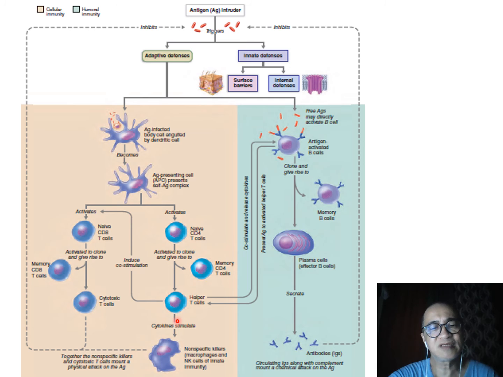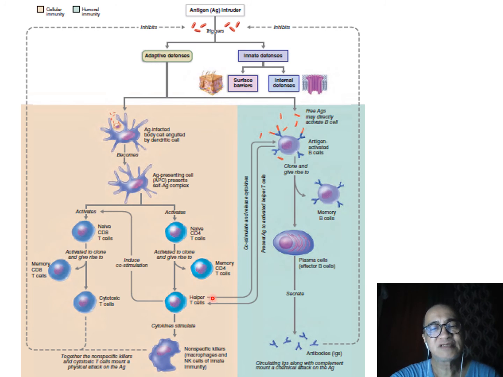Helper T cells can also send cytokines to nonspecific cells like natural killer cells or macrophages that participate in direct killing of the antigen, foreign microorganism, or infected cells, helping the cytotoxic T cells to kill the foreign cells or infected cells directly.